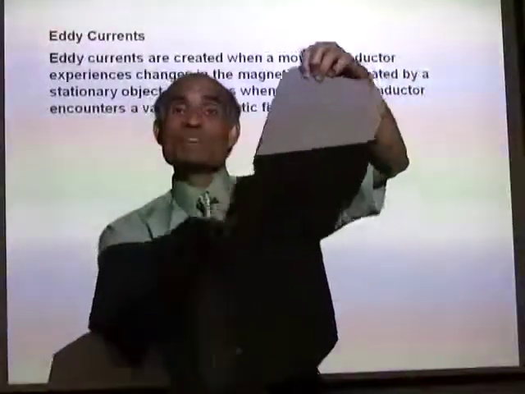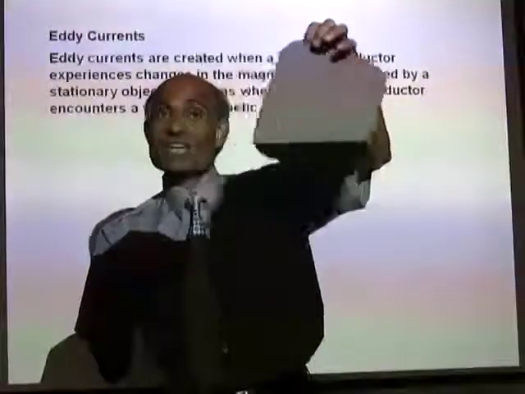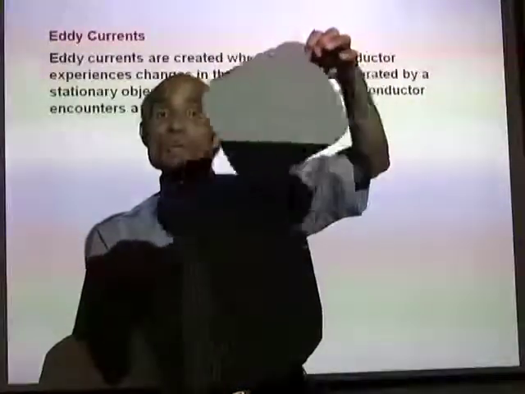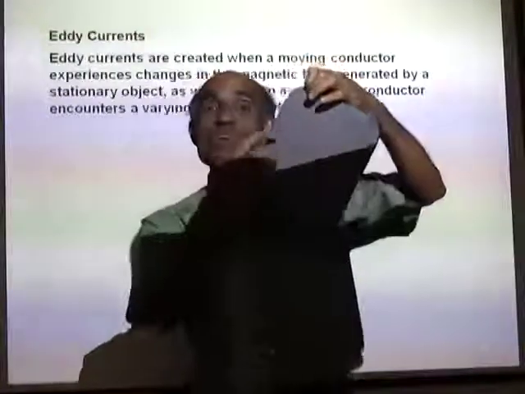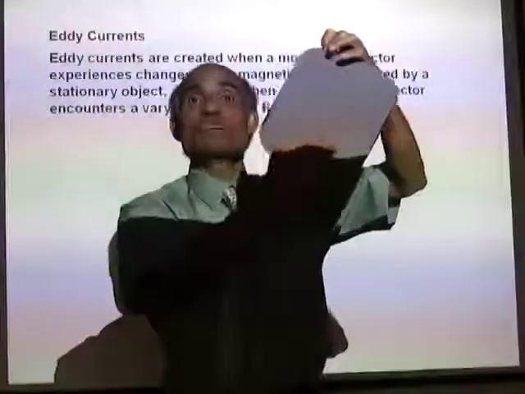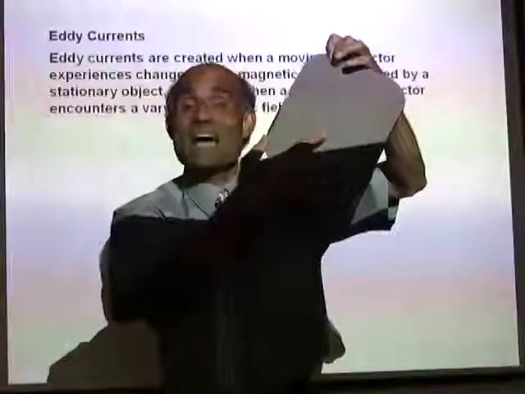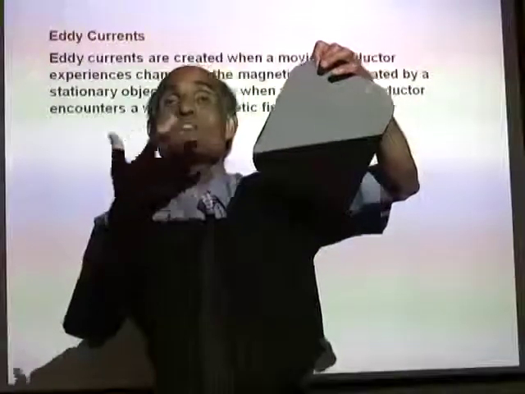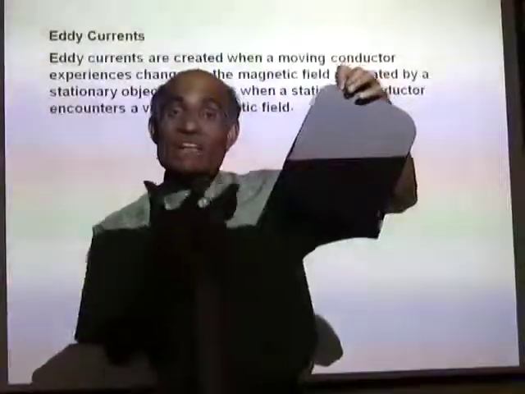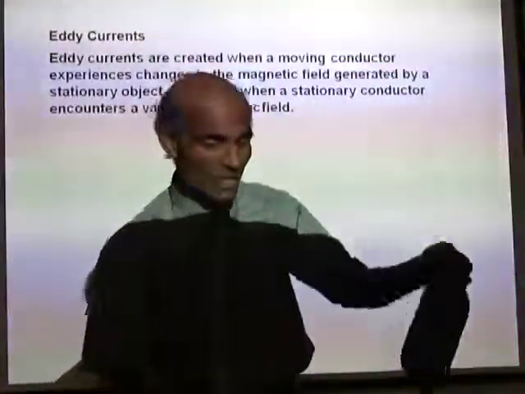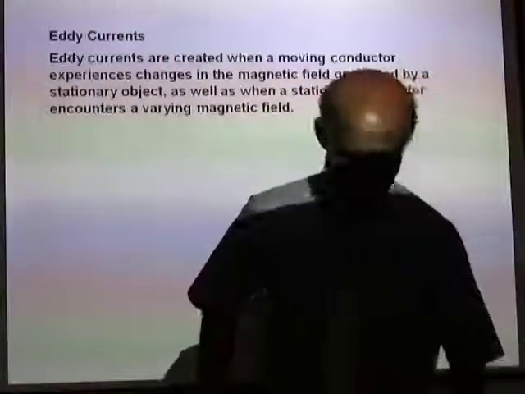And that means the induced EMF will gradually damp the oscillation. And this is what we call eddy currents, the currents that are caused within a conducting object when it is subjected to a changing magnetic field. Normally, eddy currents cause heating of a conducting surface.